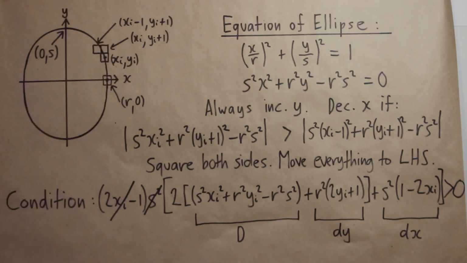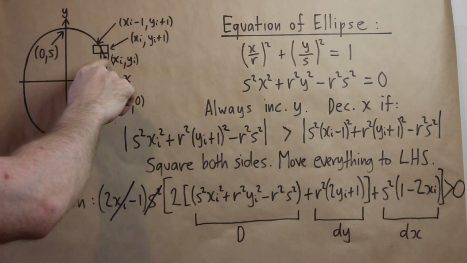But for other points on the ellipse, we don't necessarily have the luxury of picking pixels that are precisely on the ellipse. They might be a little bit off, and our job is to find the pixel which is closest to being on the true ellipse.